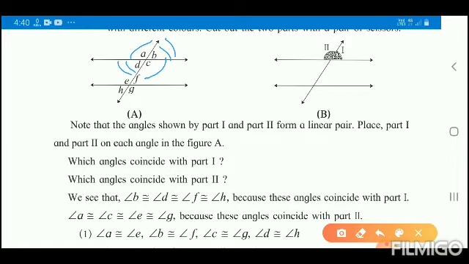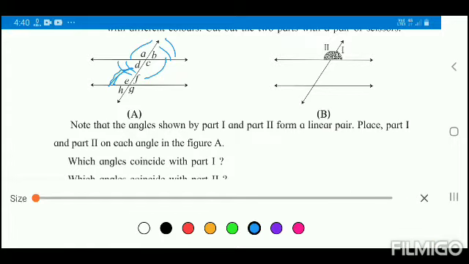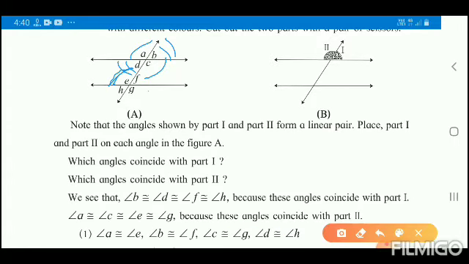Why are they congruent? Because they form vertical pairs, or they are vertically opposite to each other. Same way, angle E and angle G, as well as angle F and angle H, are also congruent, or equal in measure. Why? Because they form vertically opposite angle pairs.